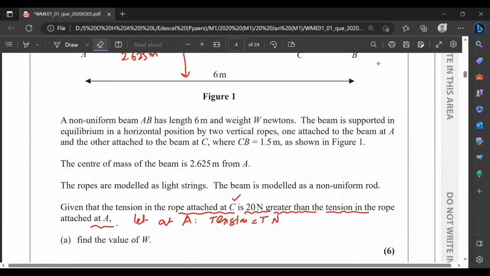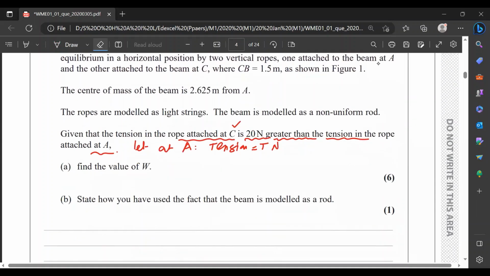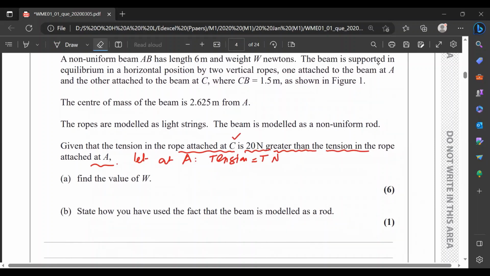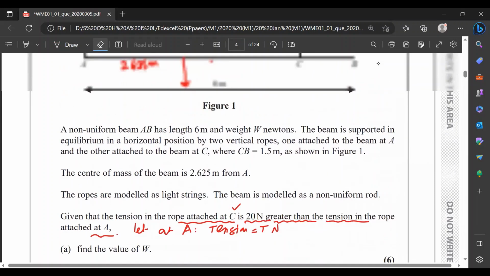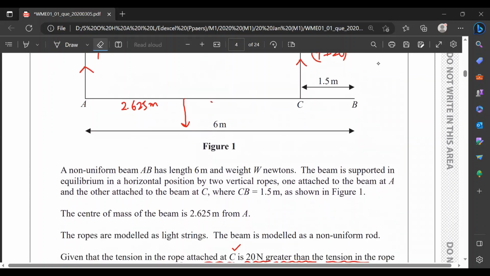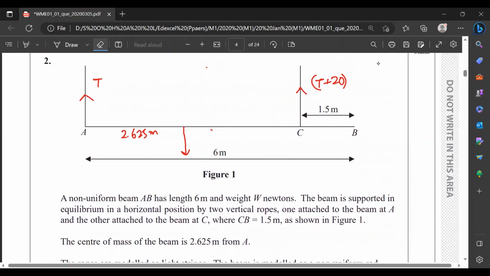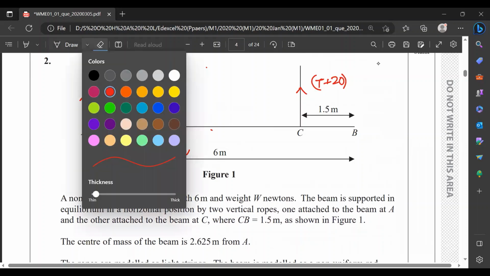Find the value of W, the first part, for 6 marks. State how you have used the fact that the beam is modeled as a rod, for 1 mark. So, find the value of W. As the non-uniform beam is in equilibrium, before starting the solution let us find the length on this side.